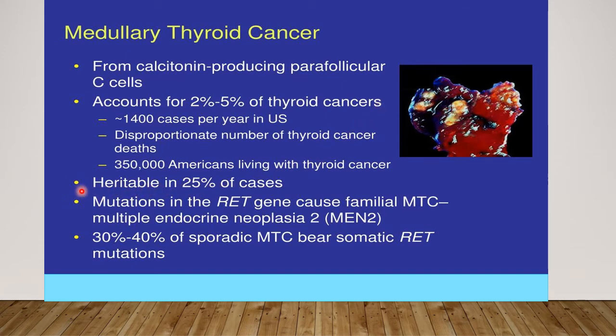And there is a heritable possibility in about 25% of cases due to mutations of the RET gene, which causes the familial MTC, which is related to the multiple endocrine neoplasia 2 or MEN2.